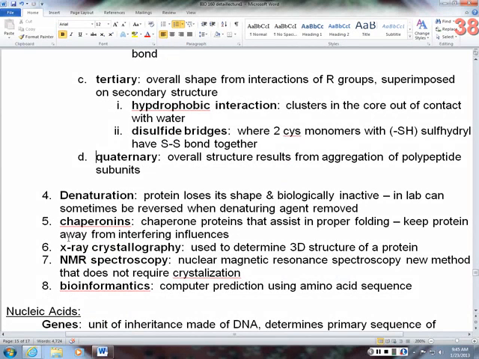Some other things that can denature proteins other than temperature would be acidic or basic conditions, a pH outside your normal range, which can change things a lot. That's probably the more common thing, and then temperature.